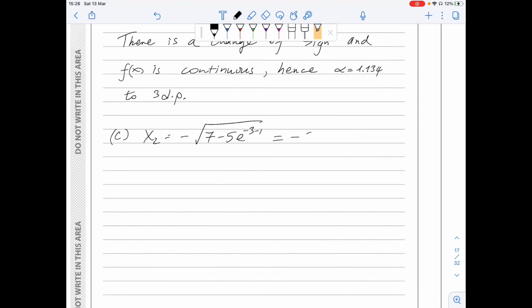This will give me minus 2.628388. Now I'm going to repeat this procedure until 6 decimal places are fixed. If I do this, I get beta equals minus 2.620330.